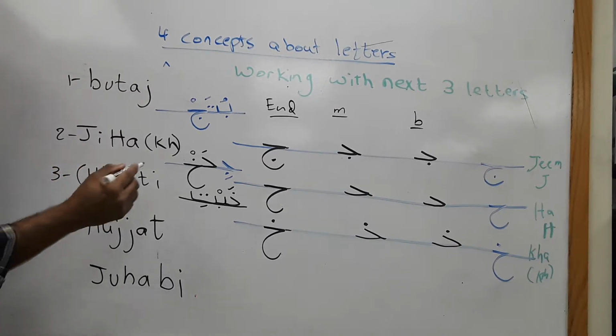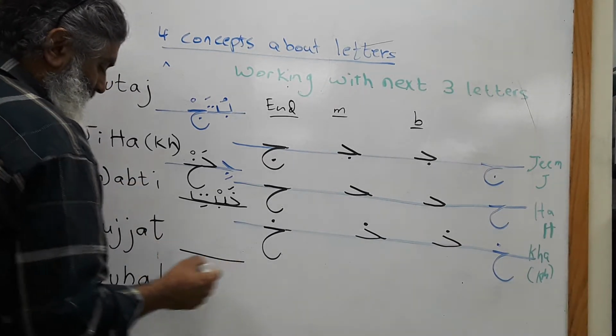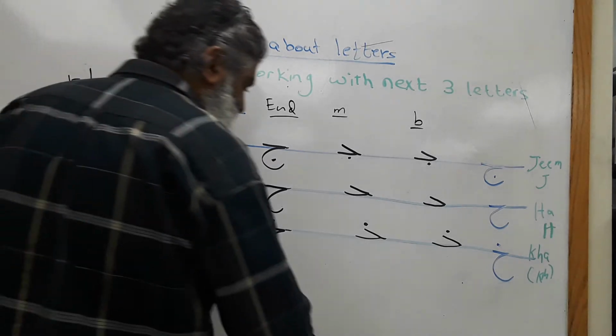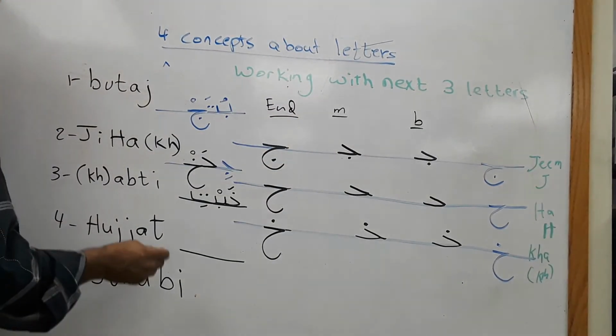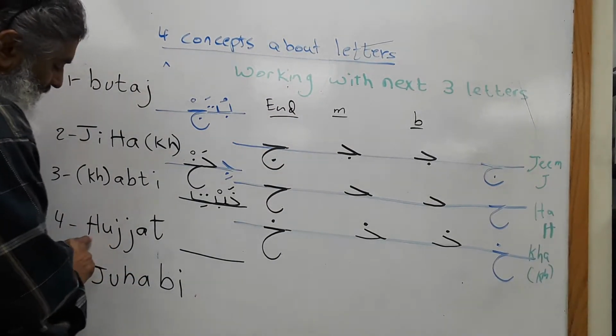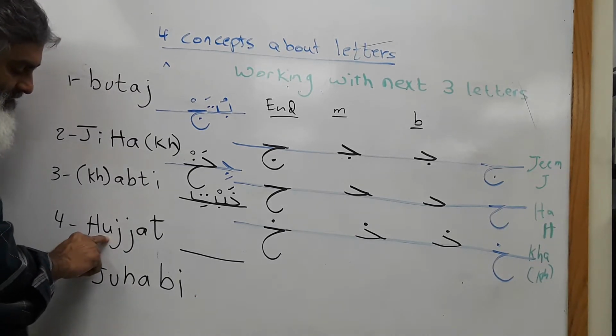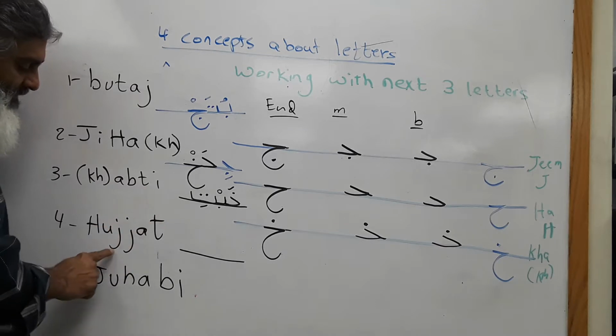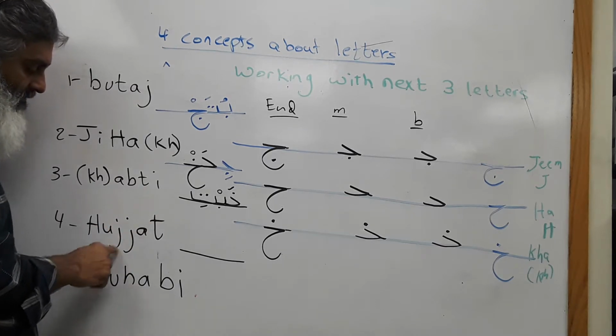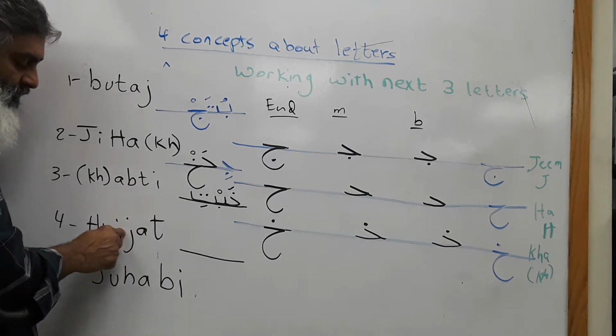Let's work on number 4. Number 4. I'll change the marker. This time we have ha as in the beginning with dhamma, right? Then we have a jeem in the middle form, but no vowel, so jeem with sukoon.